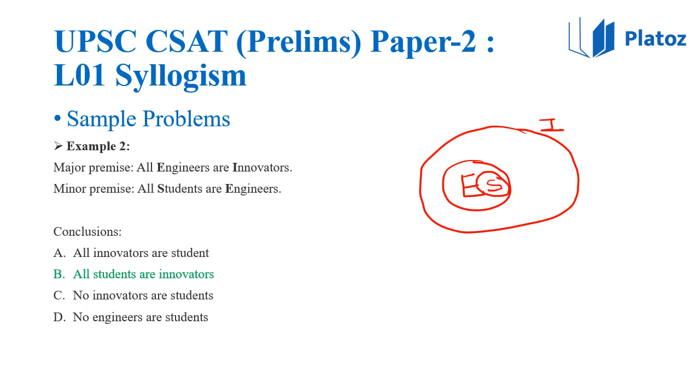Now look at the conclusion. First says all innovators are students. No, because in this area we don't have students. So all innovators are not students. And the second conclusion is what? All students are innovators. Yes, that is correct, because students completely lie within innovators. So that is our answer.